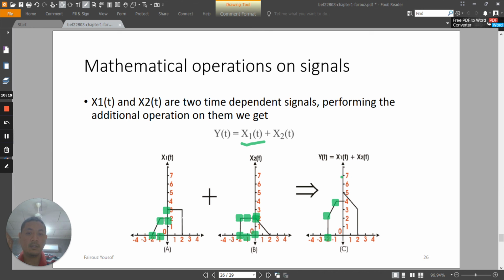It's not 7. Here we have 2 values. So we have 2 plus 2, which is 4, and 3 plus 2, which is 5. So we have 2 points. And then at 1 we have 3 and at 1 we have 1, so we have 4. At 2 we have 3 and at 2 we have 0, so we have 3, and then that's 0.